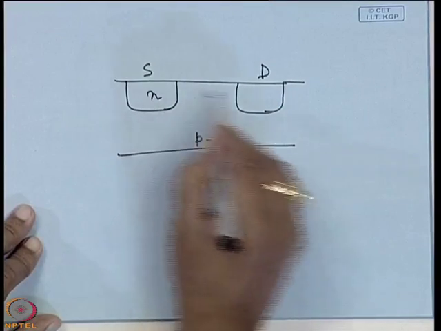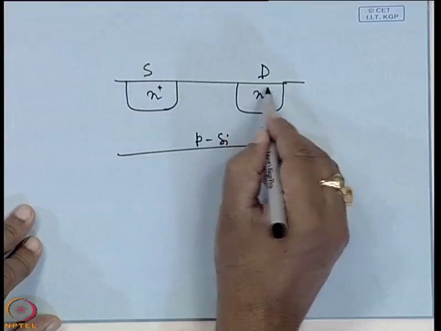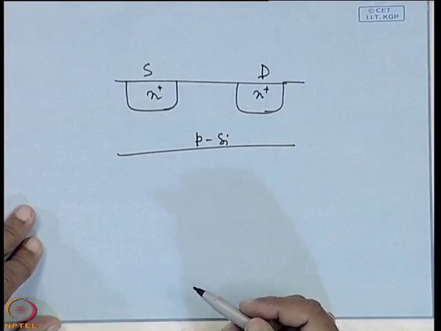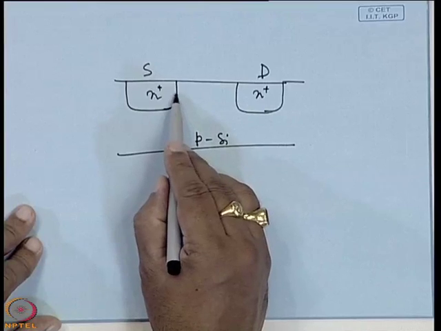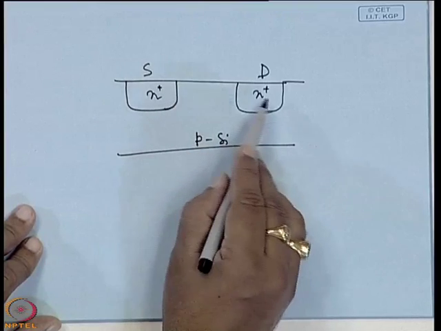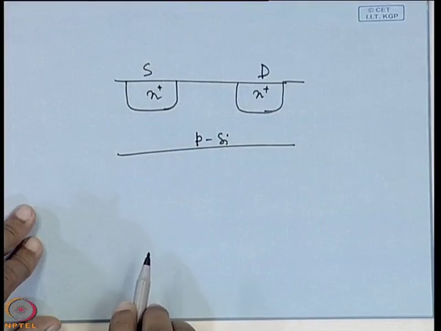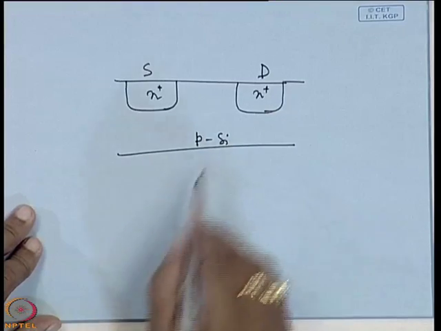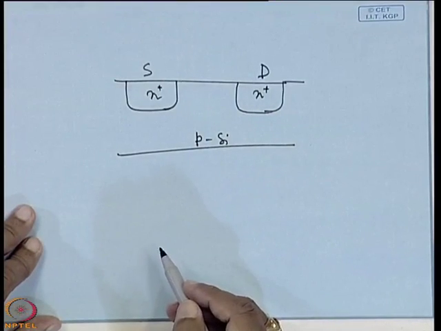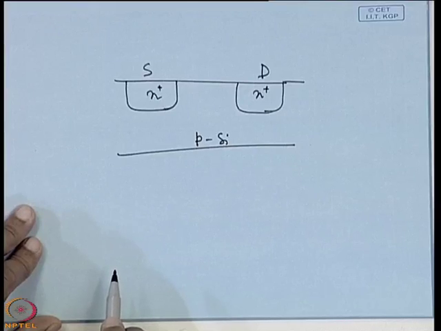This is n, this is n plus, heavily doped say, right. So, then what is the channel length? Channel length is the length between the source and the drain, but the actual length is smaller than this physical dimension. Why? Because the length is determined by the region between two depletion regions.